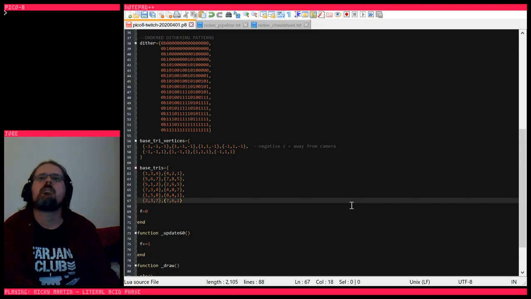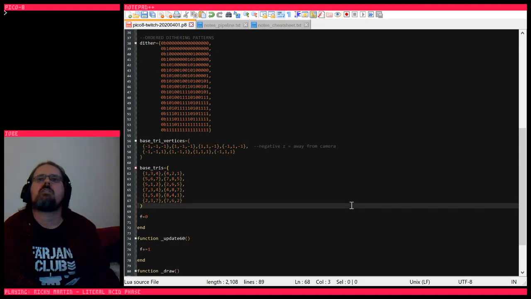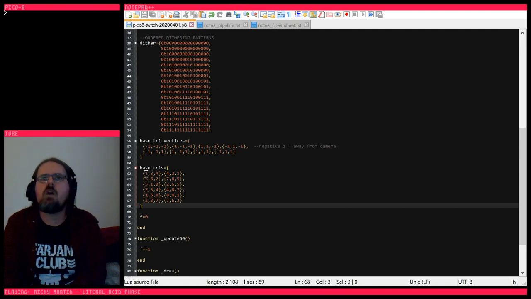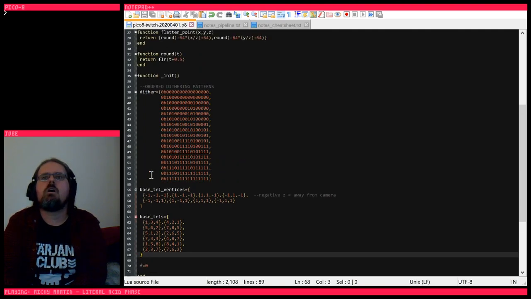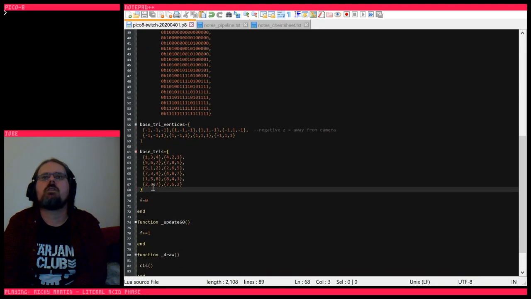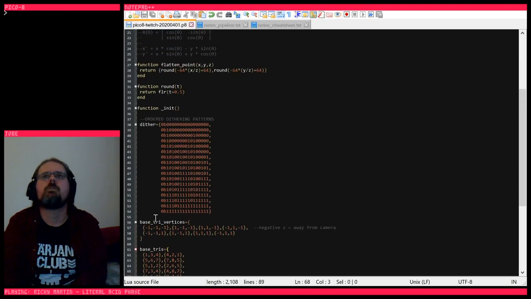Now let's see if someone in the chat has already said that I've defined this wrong. Apparently not. So these are our triangles as references to vertex indices. Let's see if we've done this right so far. So let's do a draw cube function.